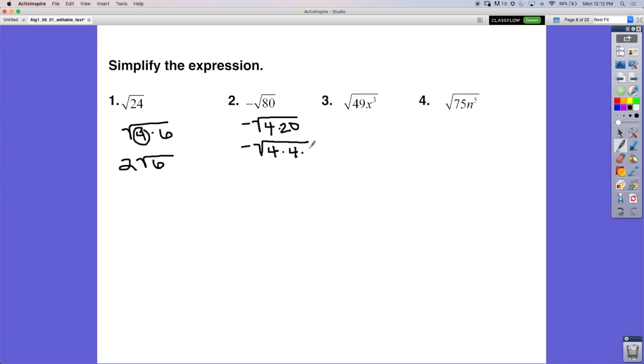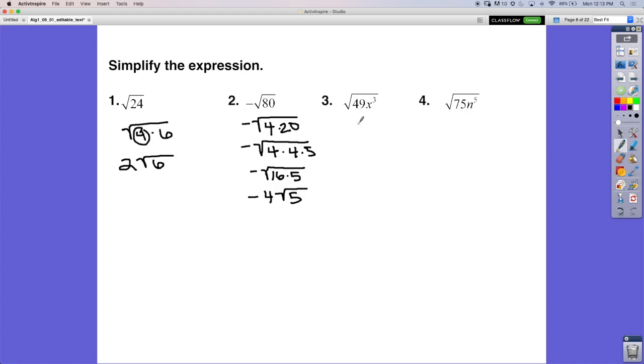So that's 4 and 5. If you're pretty comfortable with your multiplication tables, you could have seen that this is really 16 times 5. 16 times 5 is 80. 16 is a perfect square of what? 4. So you take out the 4. There's a negative there. And you leave what's inside, which is the 5.